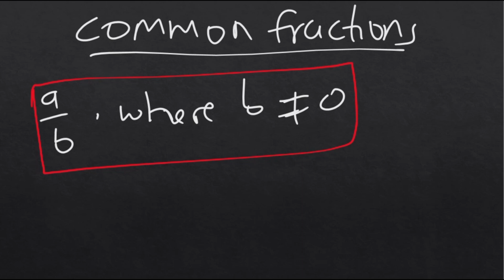Now, let's go into the types of common fractions we have, the subtypes. We have proper fractions and improper fractions. A proper fraction is where the fraction has a numerator less than the denominator, where a is less than b.